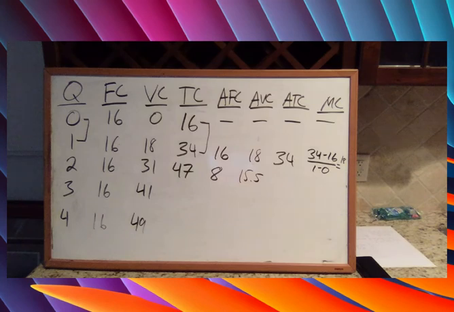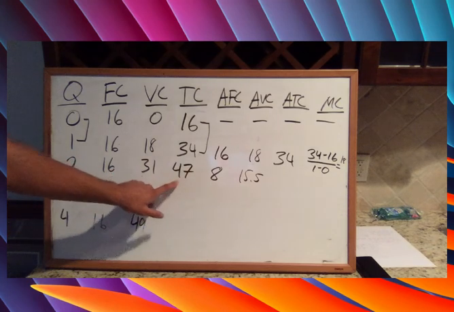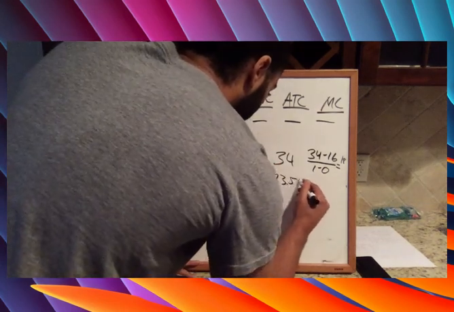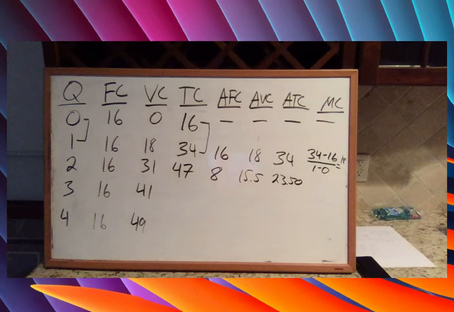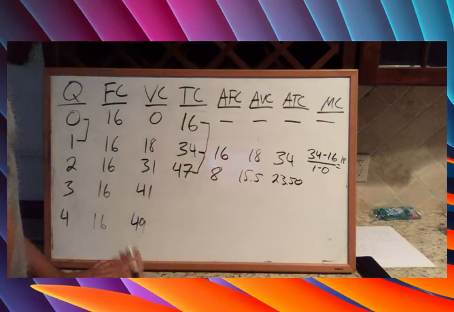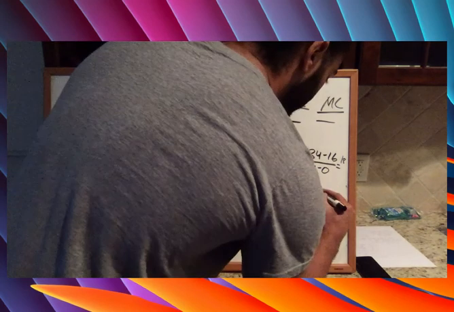Now our average total cost is 47 divided by 2, which will give you 23.50. Now our marginal cost is going to be the difference between 47 and 34, and then 2 and 1. And that should give you 13.